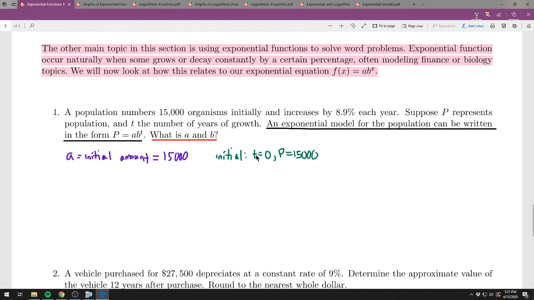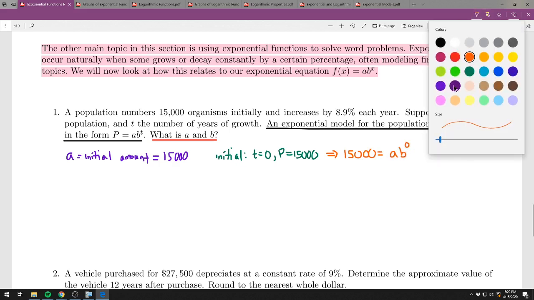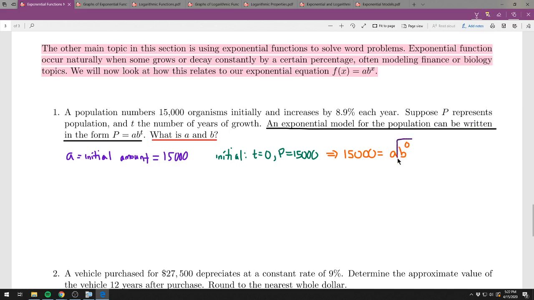This is almost like giving us the XY pair from before. If we plug that in to our formula, P is 15,000. And this equals A times B to the T power, which is 0. And like before, the reason this always works out, B to the 0 equals 1.